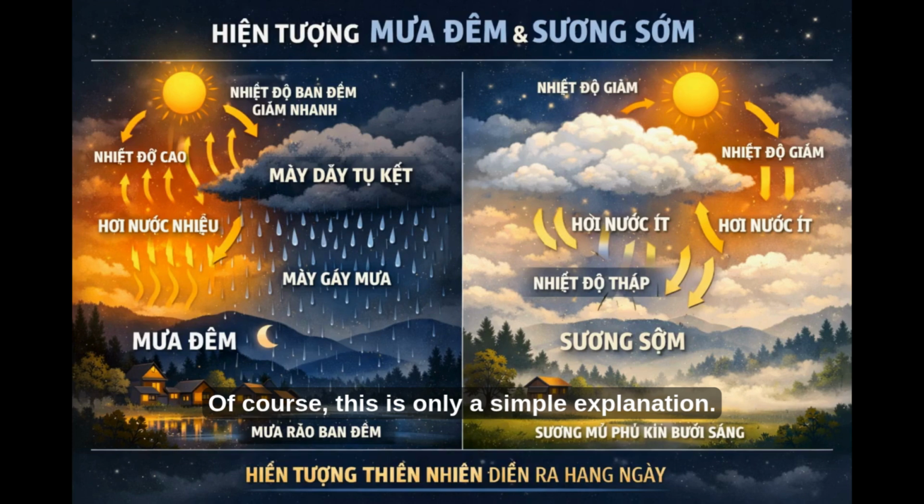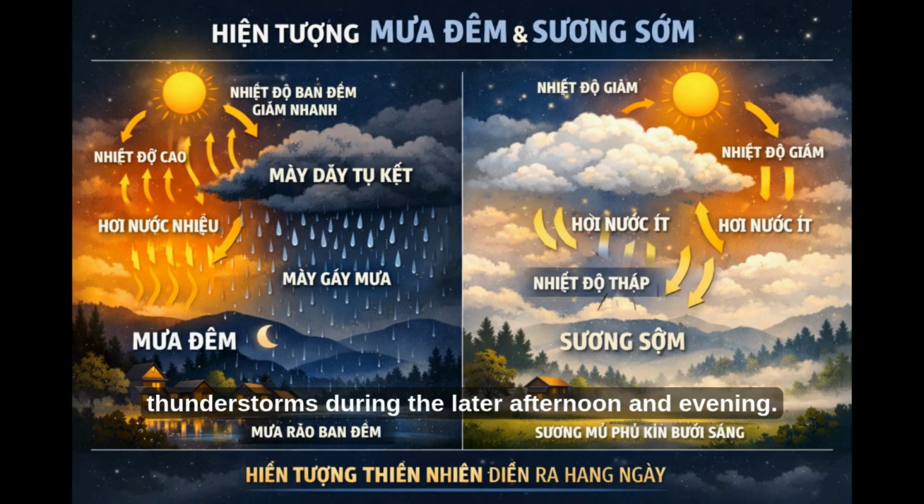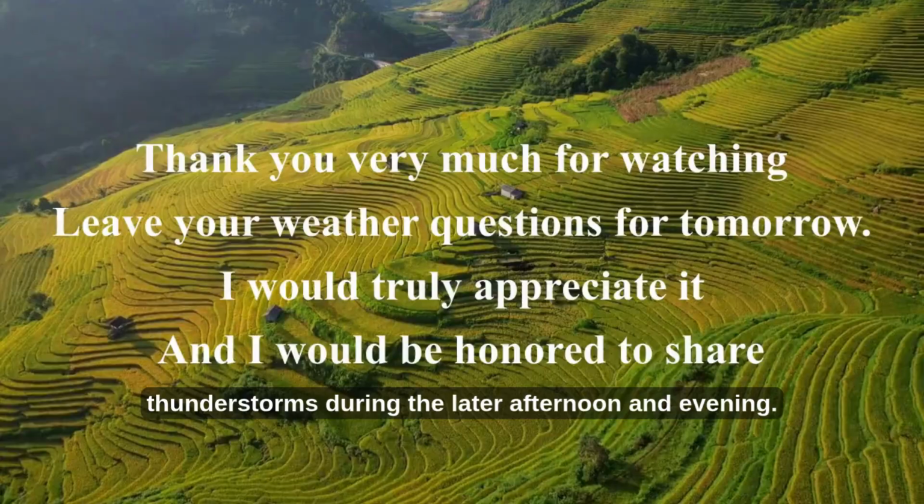Of course, this is only a simple explanation based on my personal observation. Perhaps that is why summer forecasts often say sunny during the day, thunderstorms during the late afternoon and evening.